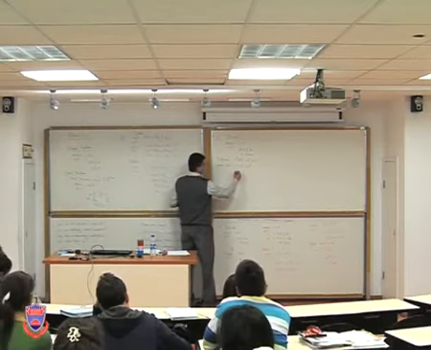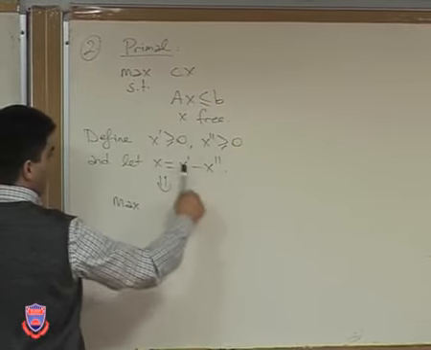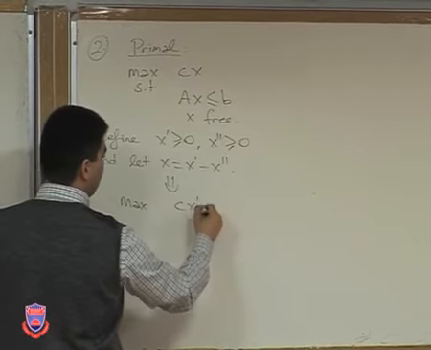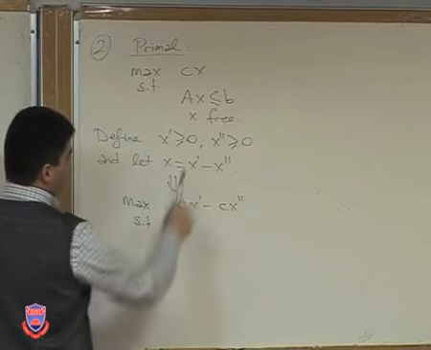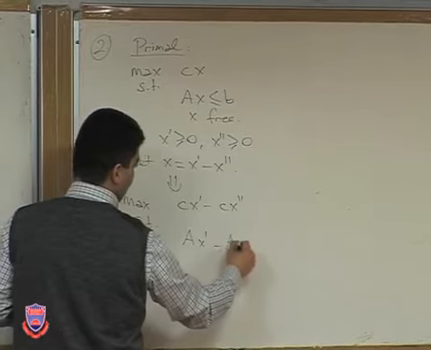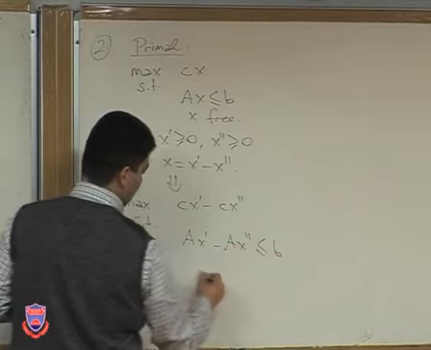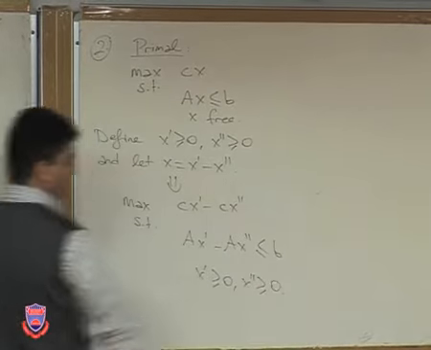So what does the objective function look like? Instead of x, I'm going to write x prime minus x double prime. So I have cx prime minus cx double prime, subject to, what do the constraints look like? A(x prime minus x double prime) is less than or equal to b. x prime is non-negative, and x double prime is non-negative as well.